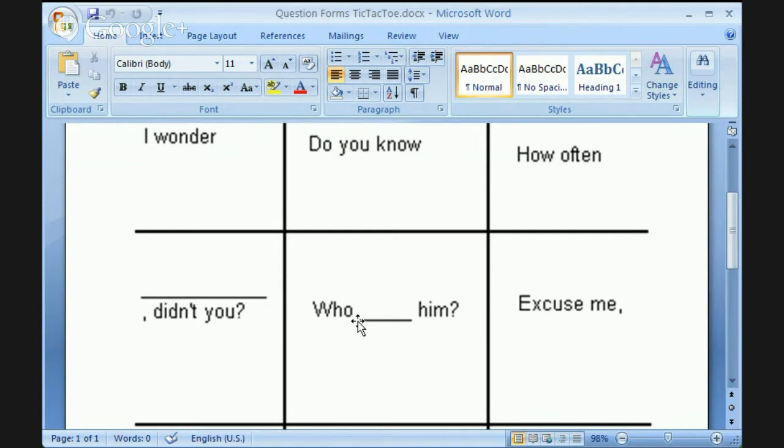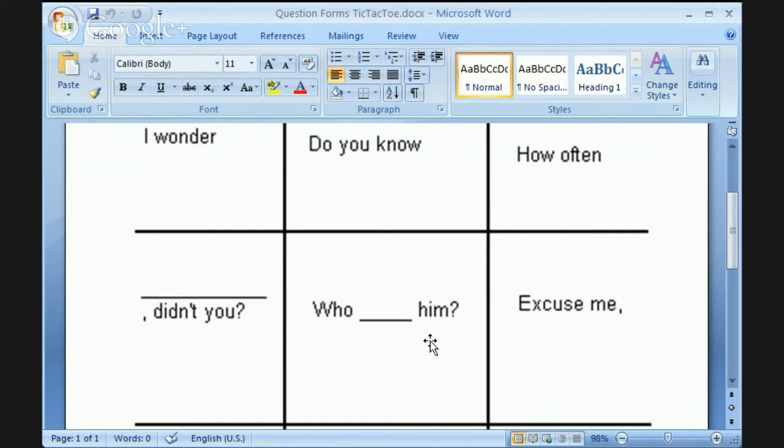Who is he? Who is him, or who is he? Right, who is he? It's him, so we would never say who is him. Who is he, or past tense, who was he?